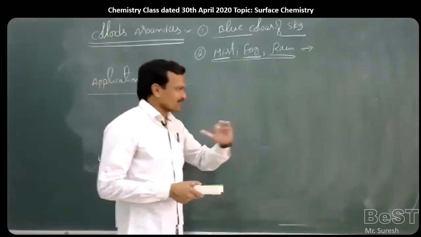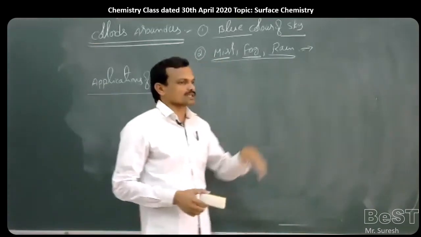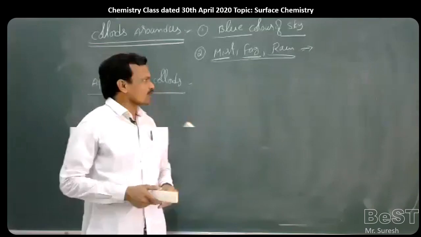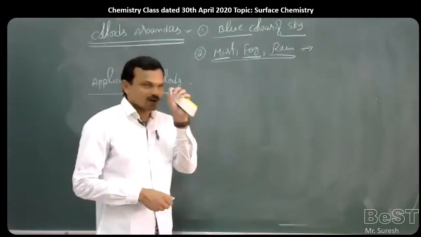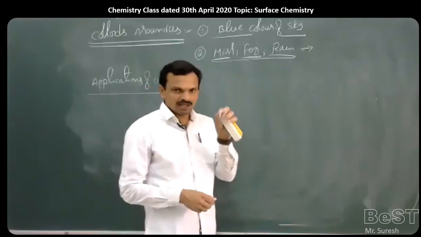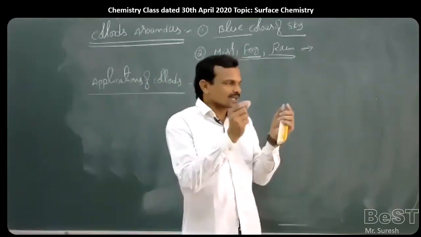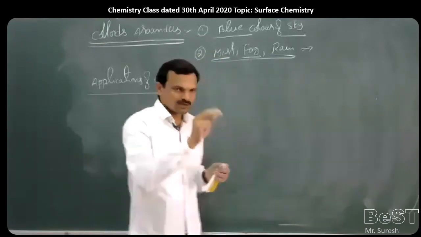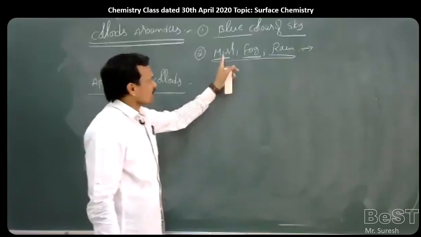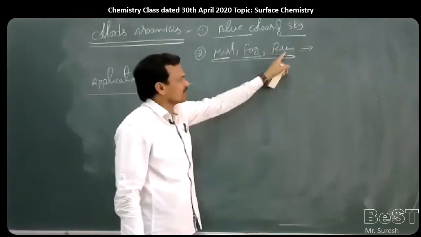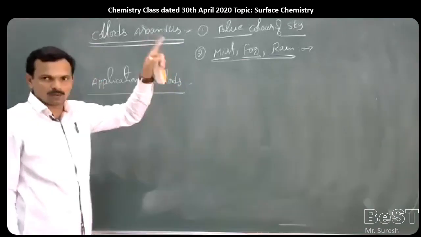Whatever the method, if the charge present on the colloids is neutralized by mutual coagulation or by any other method, the tiny droplets of water undergo coagulation, the size of the water droplet increases, and it reaches the surface as rain. So the formation of mist, fog or rain involves colloidal solutions, colloidal particles.